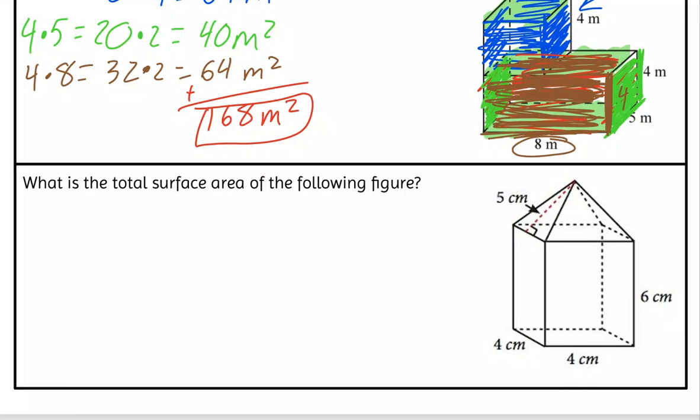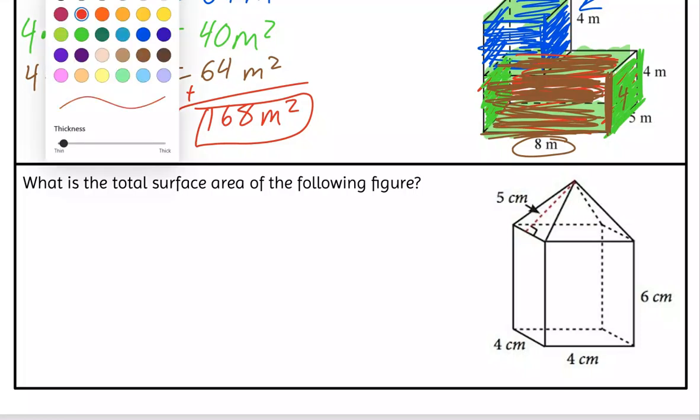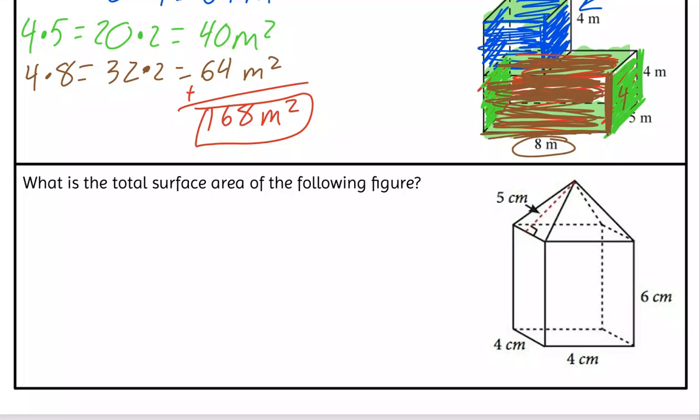For this one, again, we're going to have to find the lateral surface area, or not the lateral surface area, the total surface area. Well, to find the total surface area here, we do have to get rid of this part down here, because that is an extra side when I combine both of these sides.